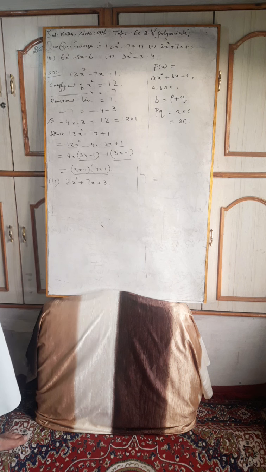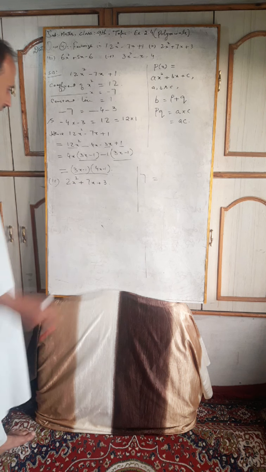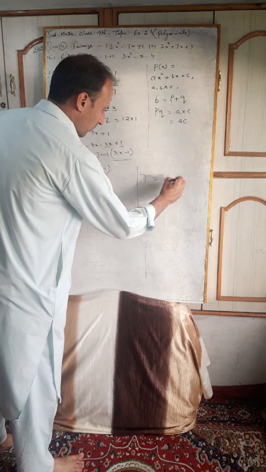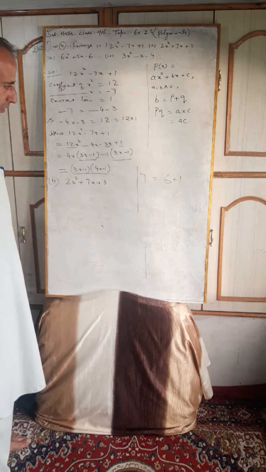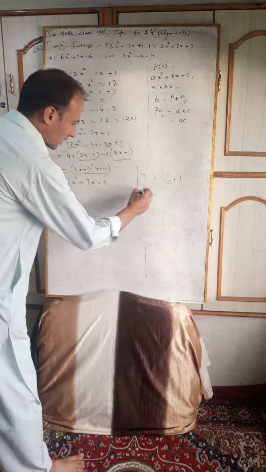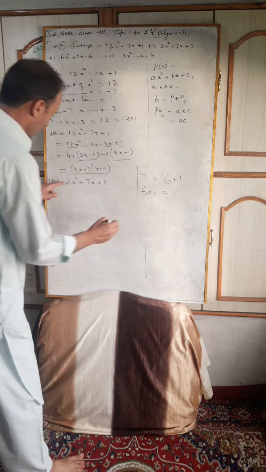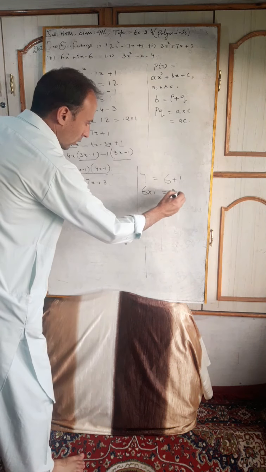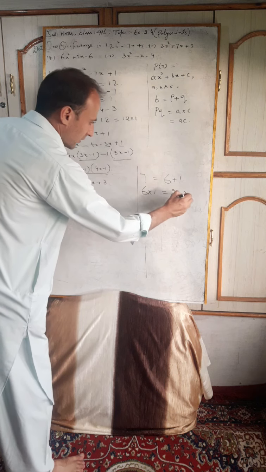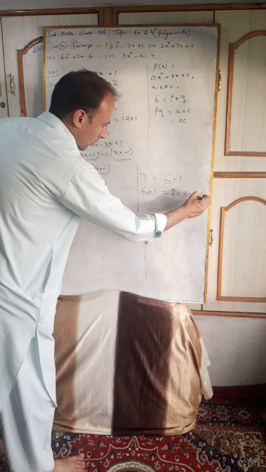It is 6 plus 1, because 6 plus 1 is 7, and 6 into 1 is equal to the coefficient of x square, that is 2, into the constant term, that is 3. That is obviously equal to 6.